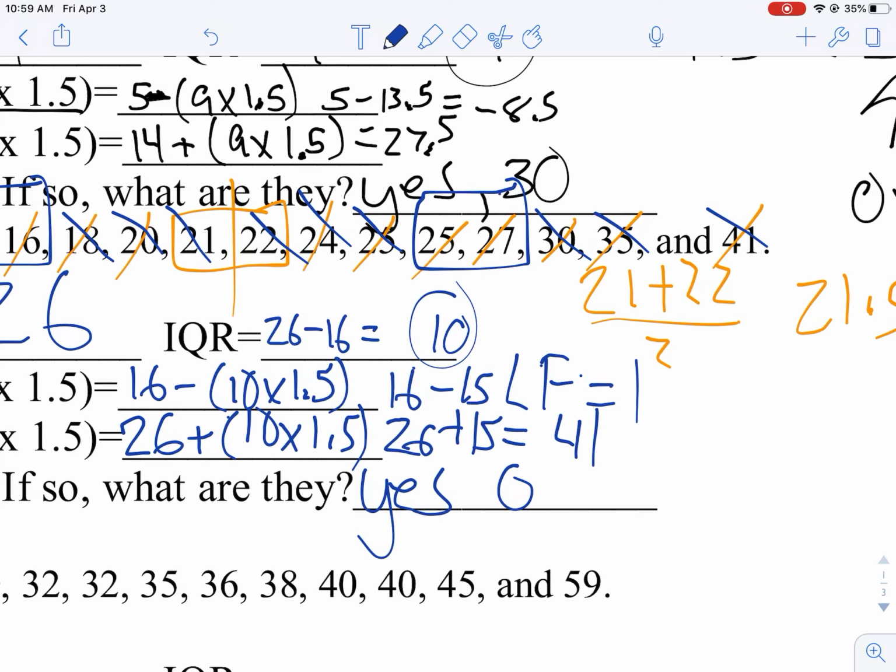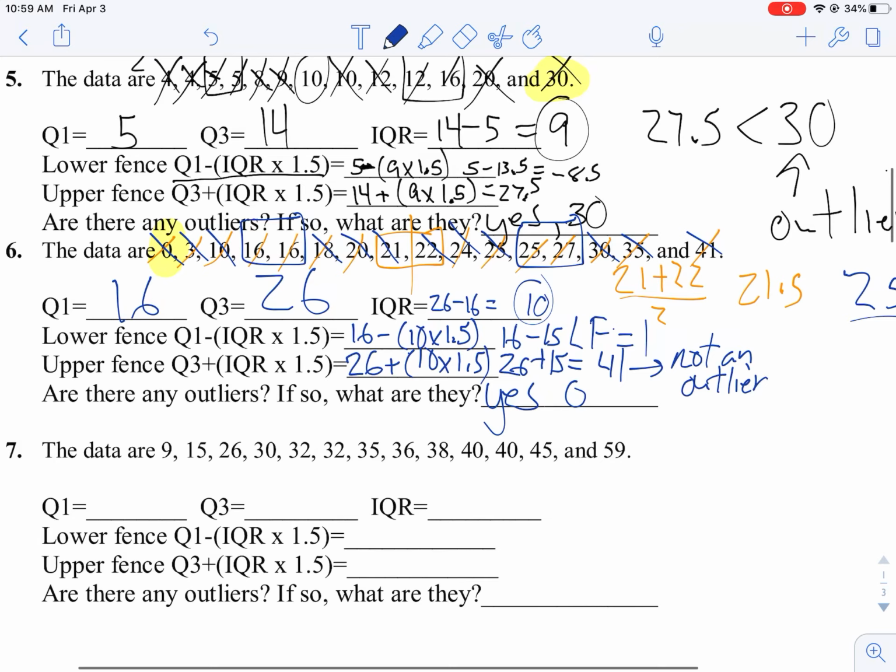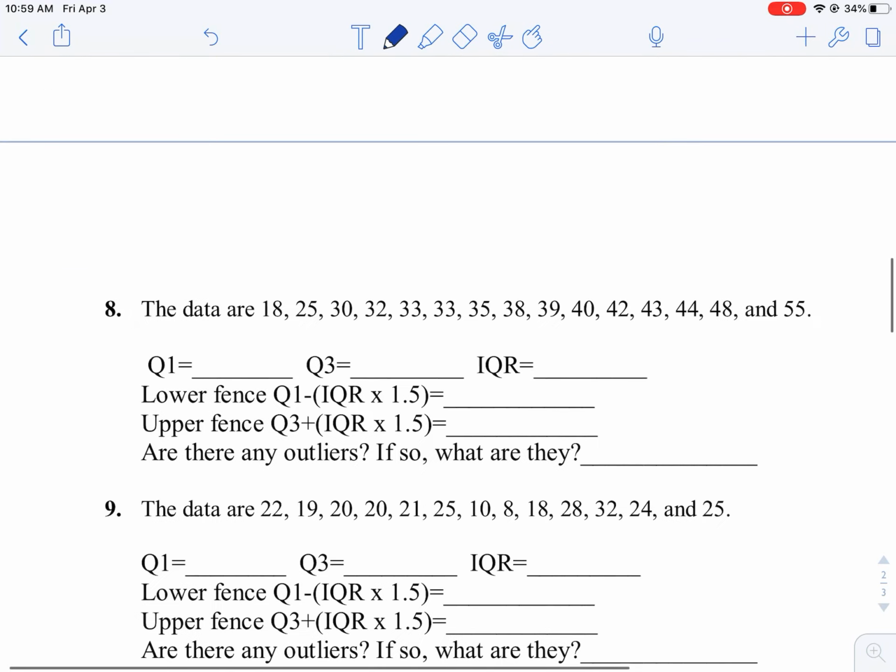So you would keep this data point. So 41 is not an outlier. Okay, not an outlier.